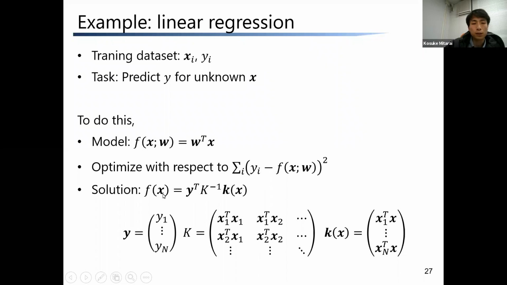The solution can be written like this, which is made of the inverse of the gram matrix in the teacher data and the Kernel function evaluated with all the data and the unknown data.